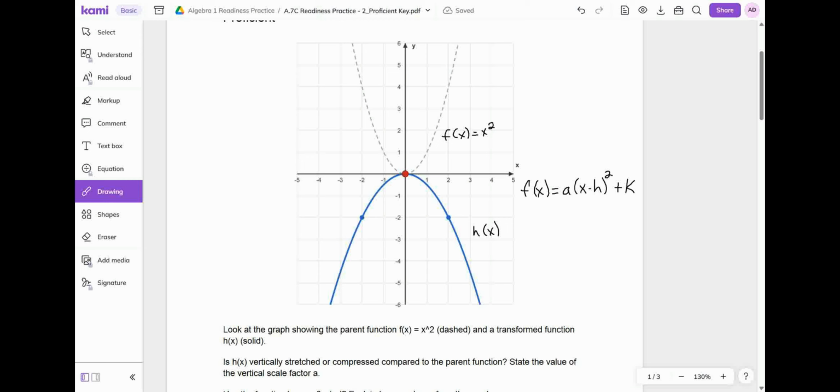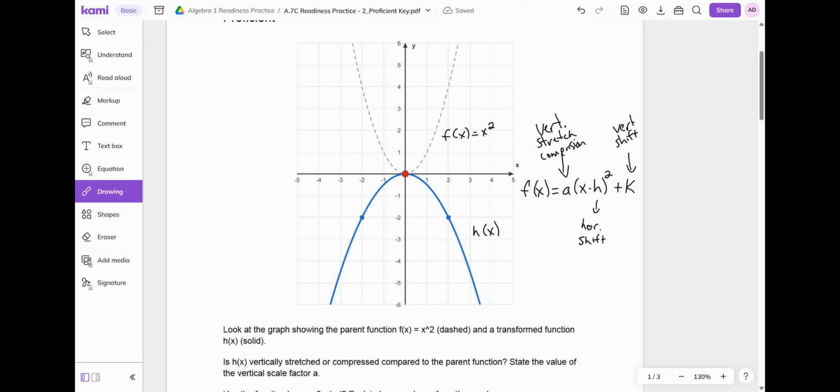So this a right here, if it's on the outside, this is a vertical stretch or compression. And it depends on whether the value is greater than 1 or between 1 and 0. And then we've got this h. This is a horizontal shift. So this actually gets you the x value of your new vertex, and this is your vertical shift, your k.